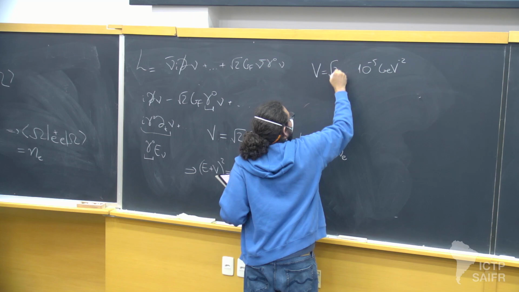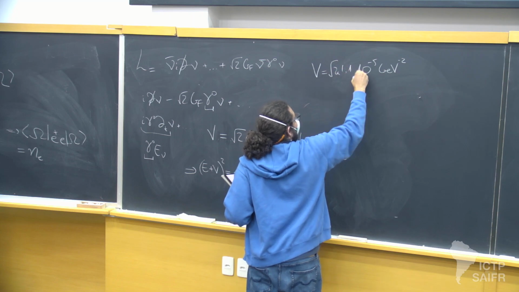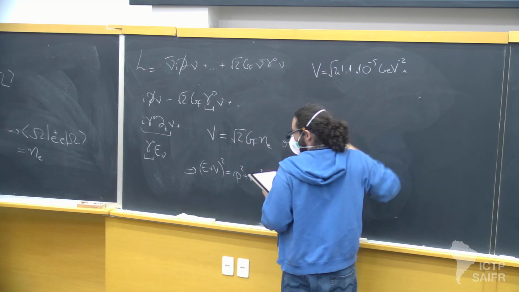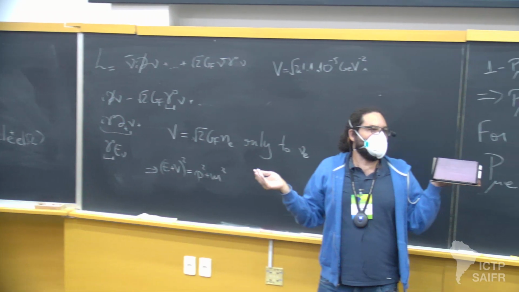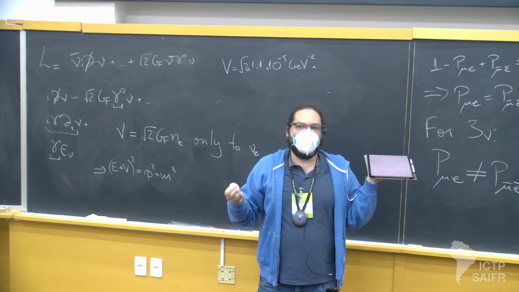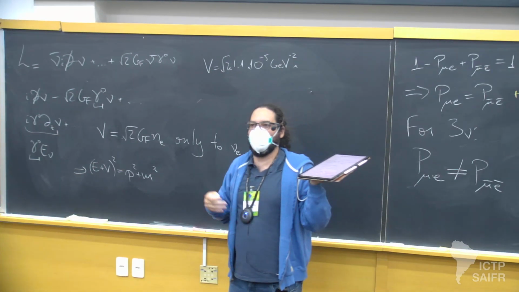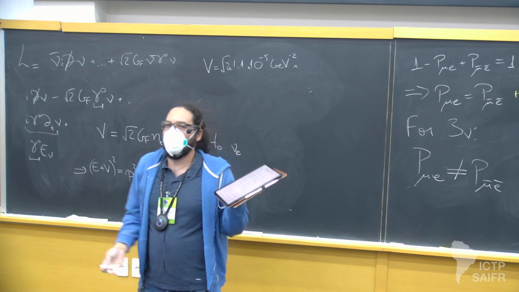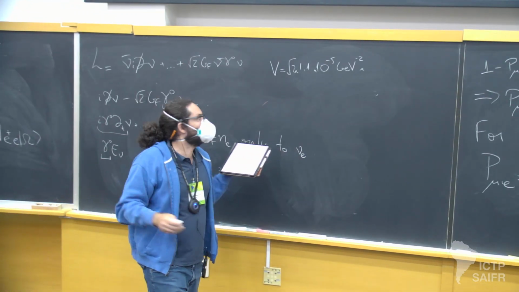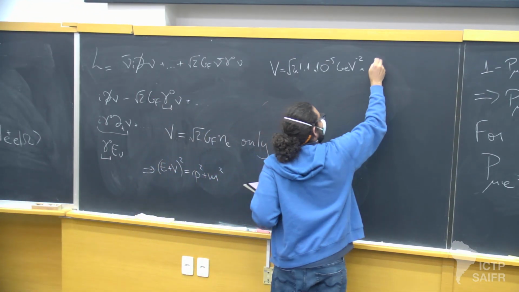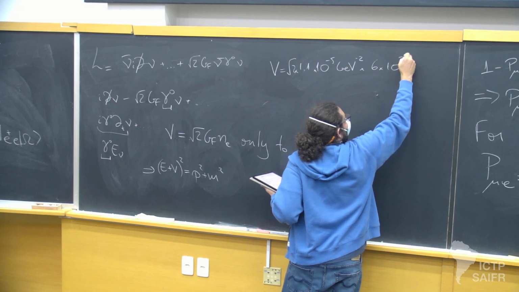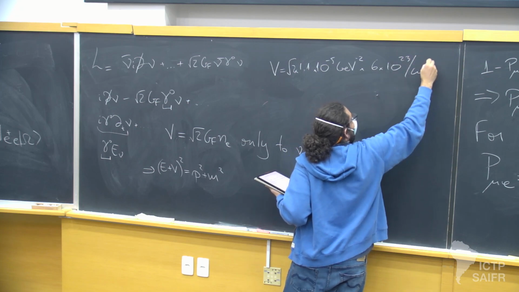Maybe I do. 1.1. And then the electron density, let's just say 1 gram per centimeter cube of, I don't know, something that has the same number of protons and neutrons. So it's about 1 Avogadro number per centimeter cube. So let's just say 6, 10 to the 23 per centimeter cube.